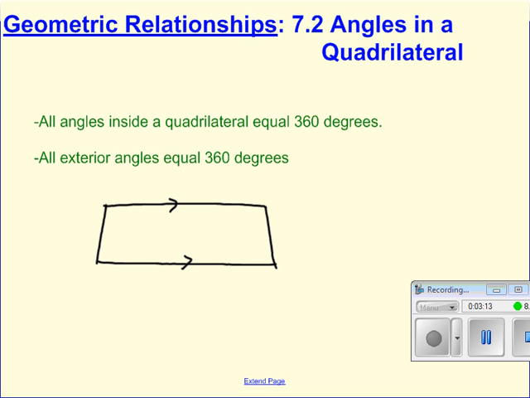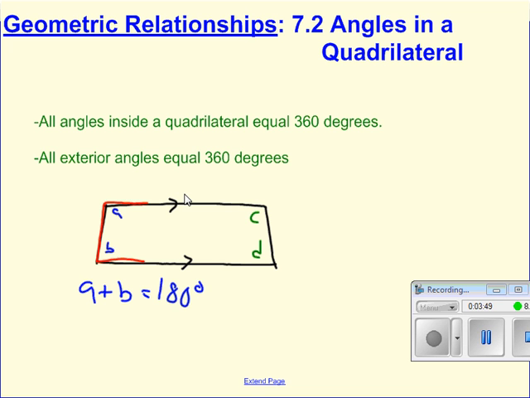I'm going to get what's known as kind of a C shape here. And when I have parallel lines, I know the ones in the corner, A and B here, A and B will equal 180 degrees. But that's only if they're parallel lines like so. Conversely, over here, these ones, C and D, they're also going to be 180 degrees.